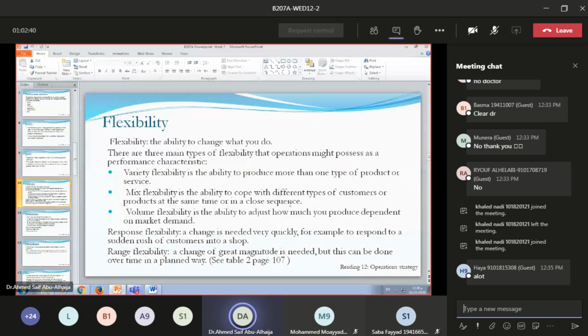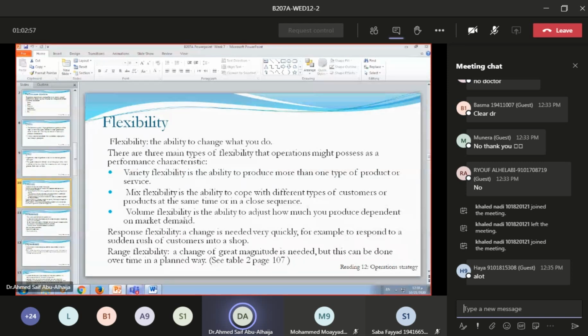So different needs. Do you have the flexibility to match these needs? That's the big question, right? The more flexibility, the more performance, the more sales, the more profit.